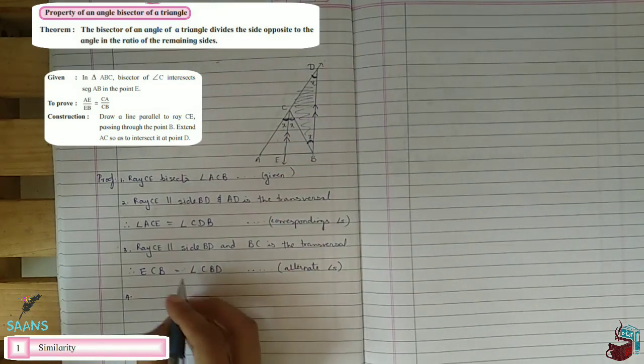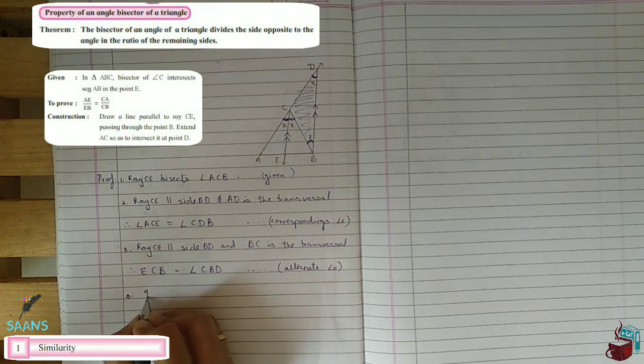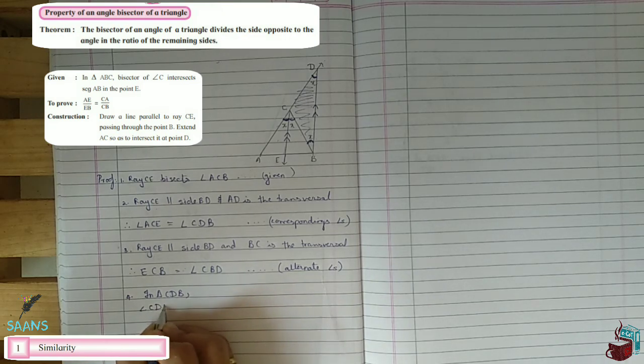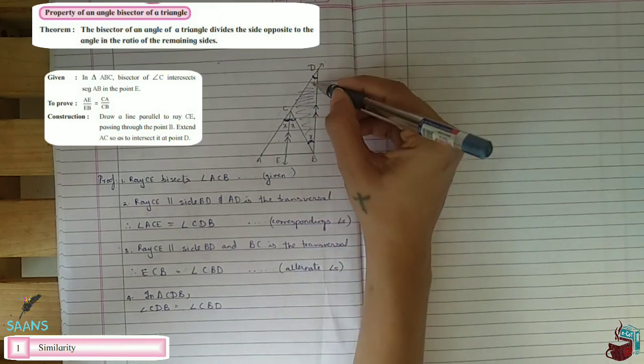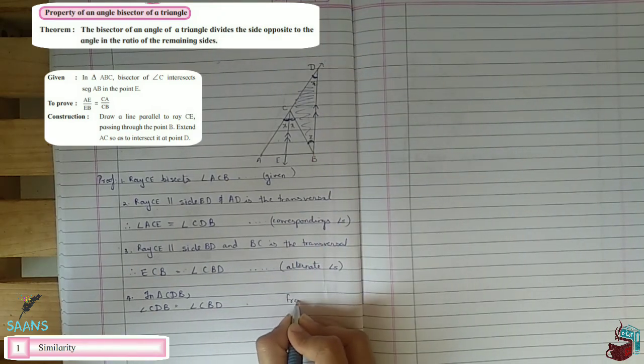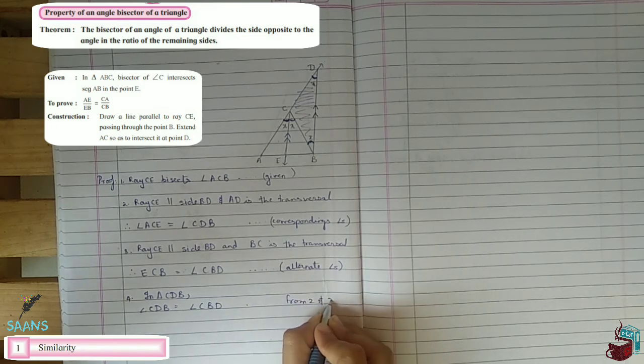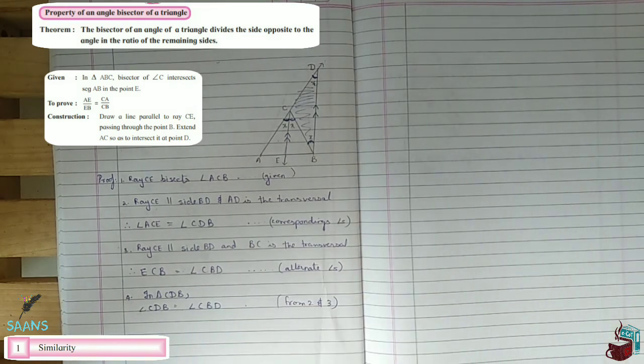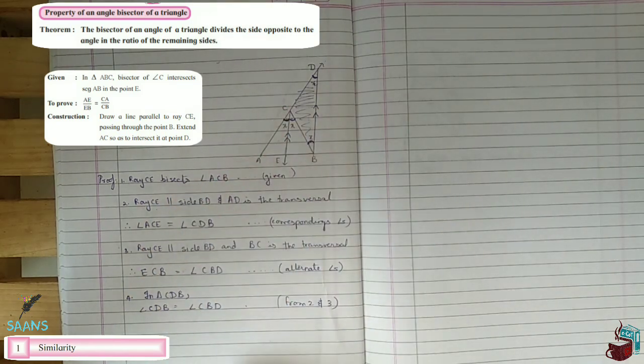Why we need that, we'll come to know. So in triangle CDB, angle CDB is equal to angle CBD. So these two angles are equal, that is from 2 and 3. So what do we conclude? Isosceles triangle. Isosceles triangle theorem.